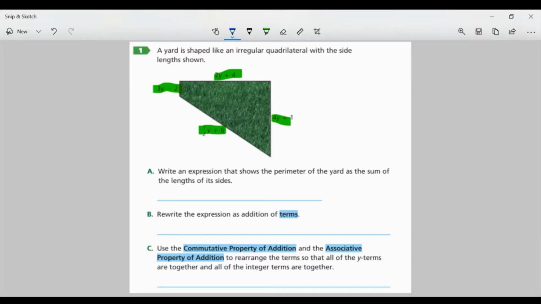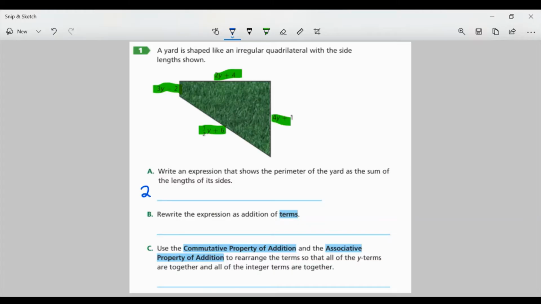Part A. Write an expression that shows the perimeter of the yard as the sum of the lengths of its sides. Remember, when we find a perimeter, we're finding the measurement around the object, so we add up all of these together.